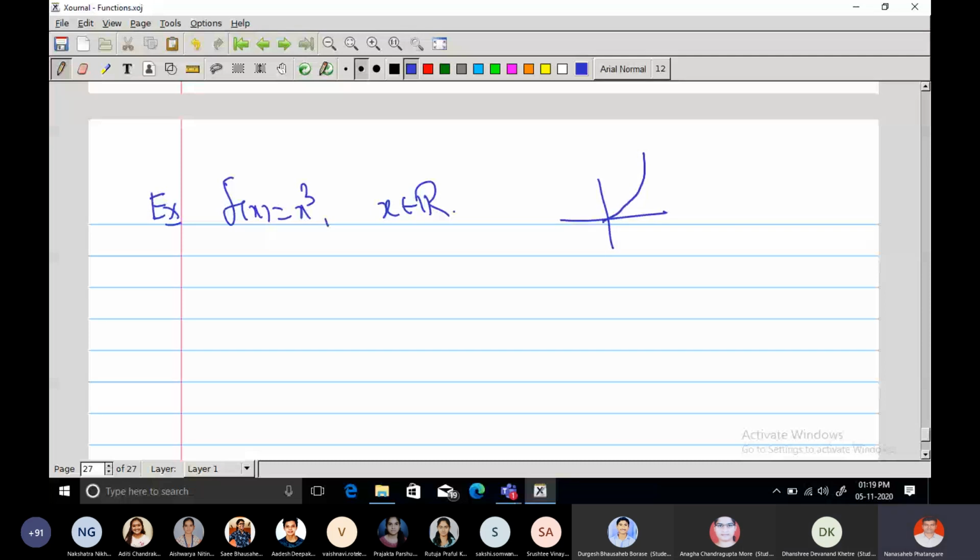This is the graph of the function f(x) equals x cube, and from the graph it is clear. But sometimes it is not easy to sketch the graph of a function because the definition of the function might be complicated. Here, in this simple case, it is easy. So how will you show that it is one-one function?